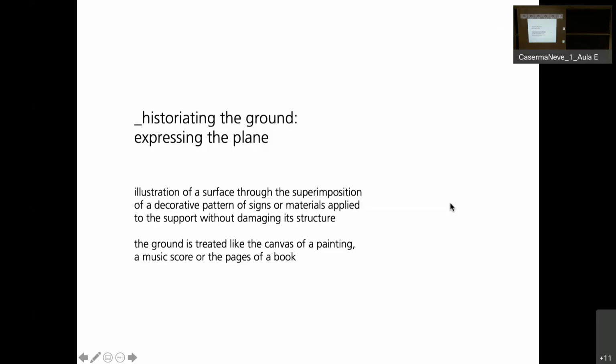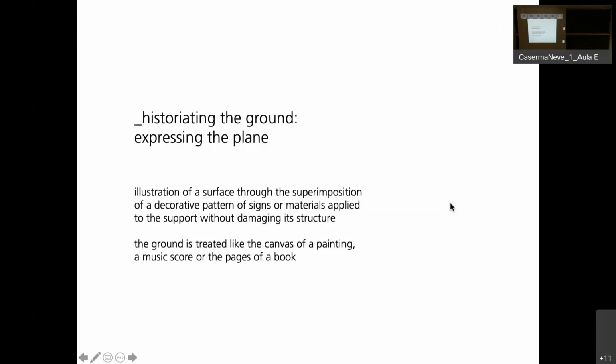What does it mean to historiate the ground? It means to invest the ground, so the surface, with a narrative, figurative content, something that is an historiation of the ground.